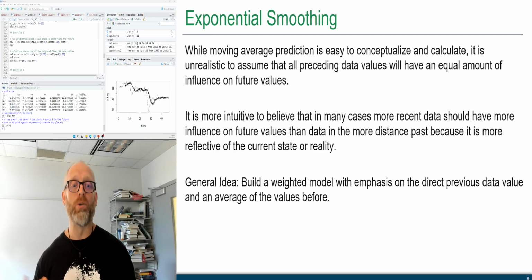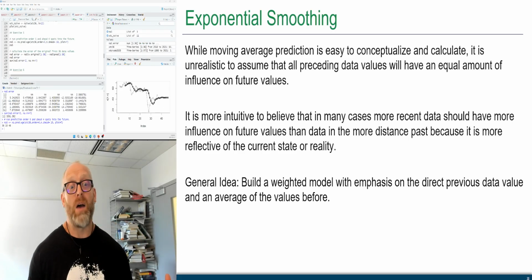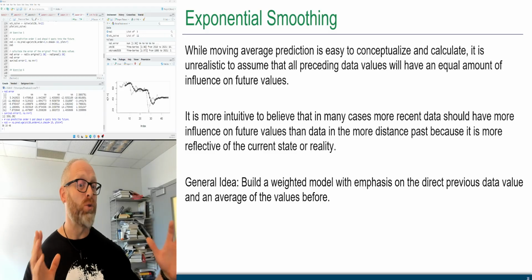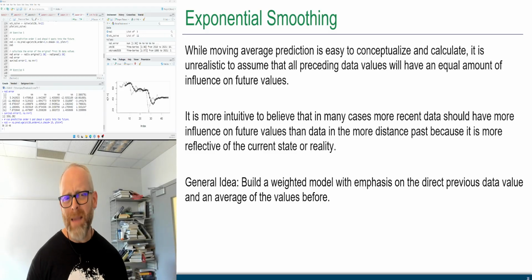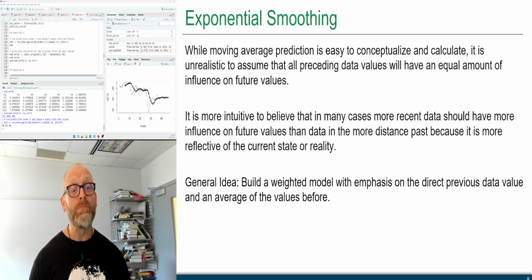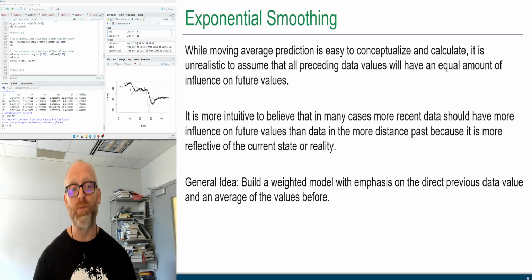The naive approach says, I'm going to use exactly the same thing that I did last time, because that worked. Here I'm saying, for the moving average, let's take the last 5 and treat them all as equally important. But maybe, here's the thing, the most recent one should have more emphasis. It should play a more important role when doing this forecasting.